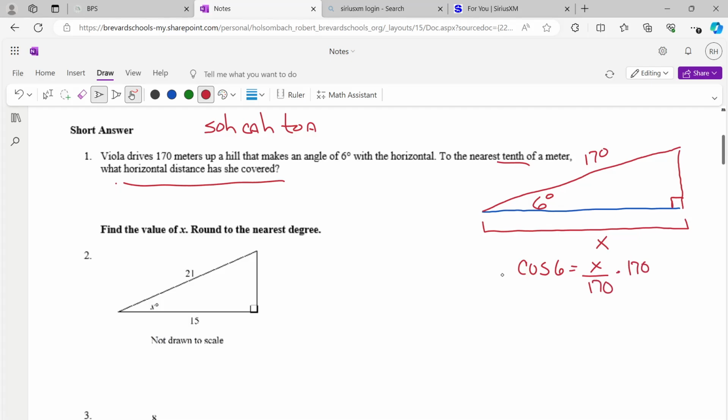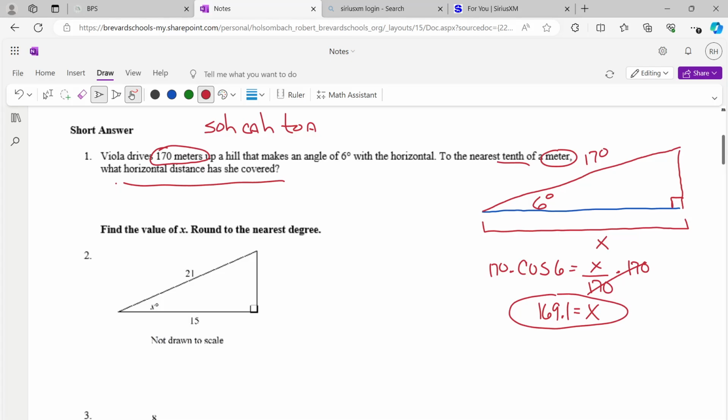Multiply both sides by 170. The 170s on the right cancel. So 169.1 is equal to x. And since the dimension given was in meters, our answer is in meters.